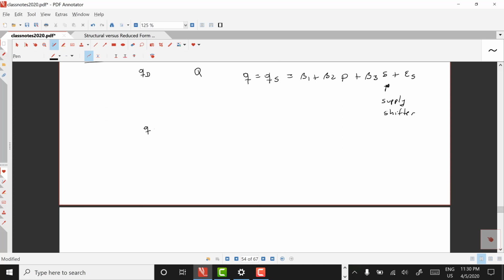In equilibrium, the quantity demanded is equal to the quantity supplied, and this model determines jointly quantity and price.